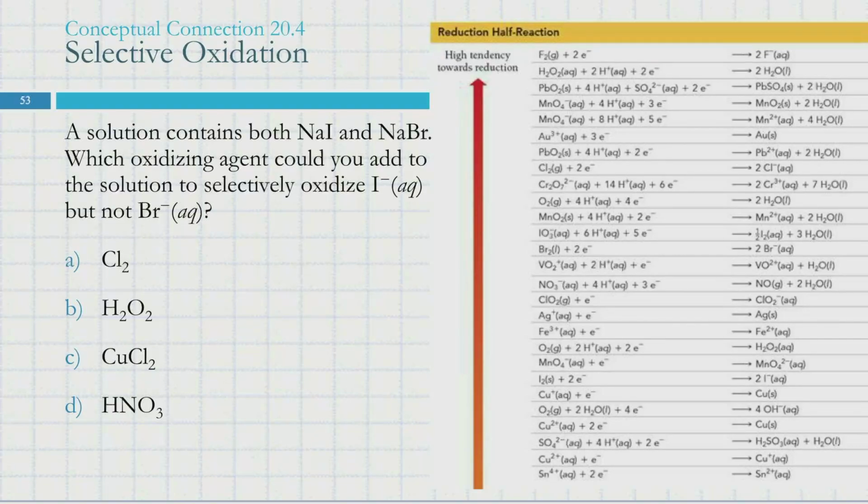The other part that we need to think about is what does it mean to oxidize I-? What does it mean to oxidize Br-? What's happening to the I- or the Br- when we oxidize it? They're losing the electrons.